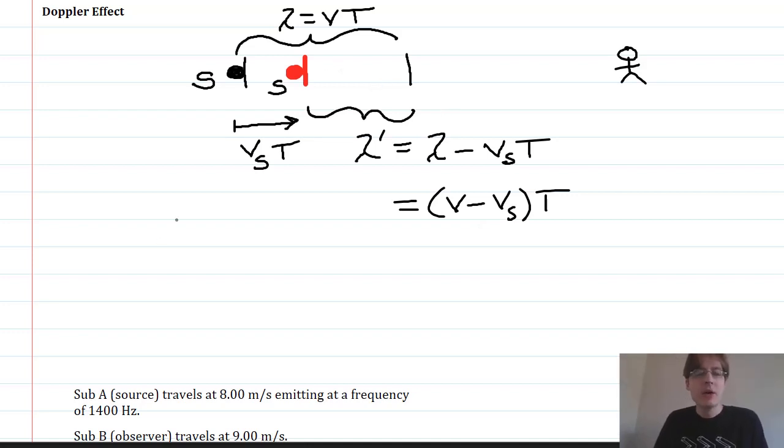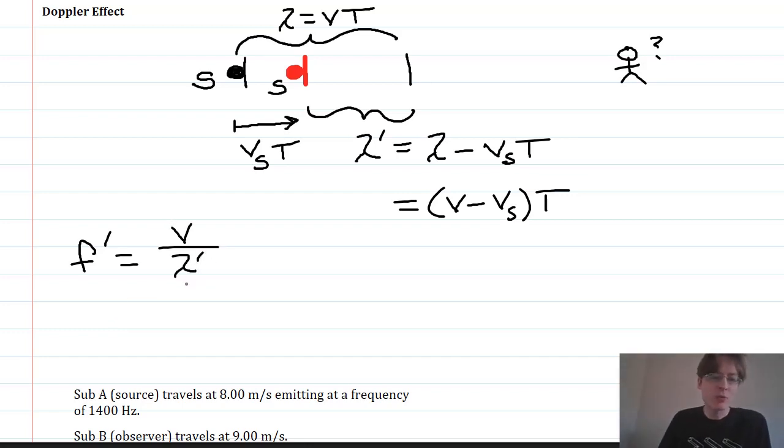Okay, so this is at the crux of the shift in the wavelength, but let's write down the equation for the shift in the frequency, f prime. What's the frequency in the sound that this person is going to hear? Well, to figure it out, you take v, the speed of sound, divided by the wavelength.